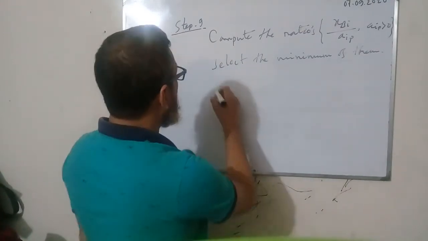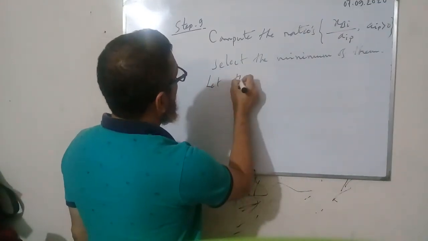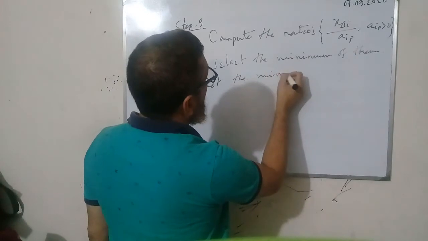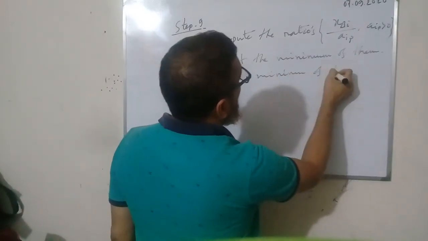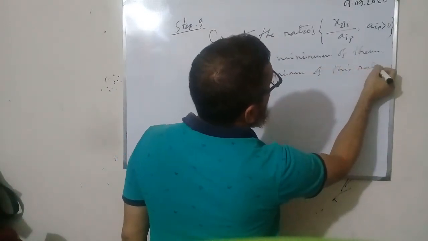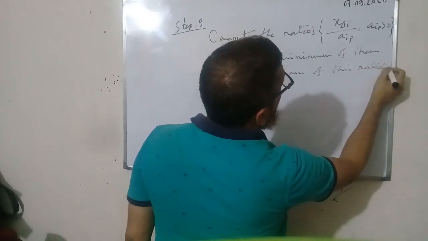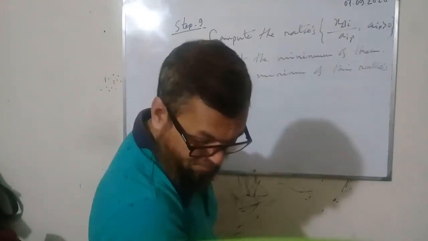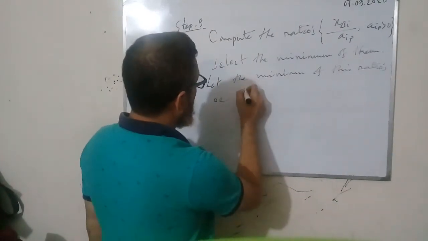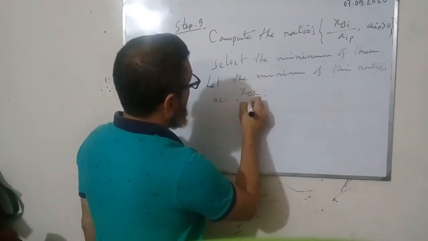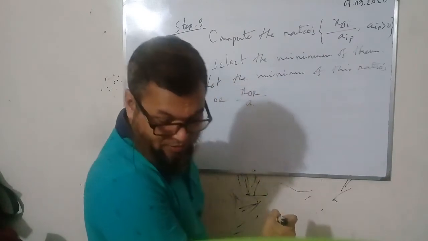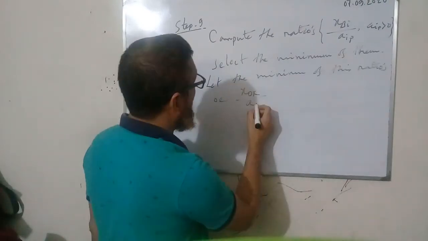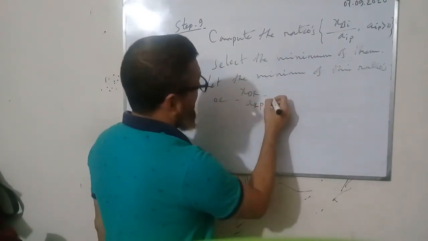Let the minimum of these ratios be xBk by akp.